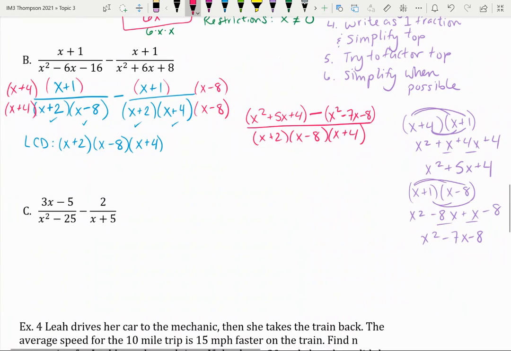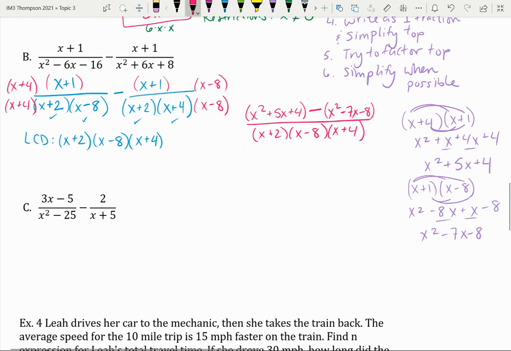Any questions right here? When I subtract a whole polynomial, I have to go through and I can change all the signs.